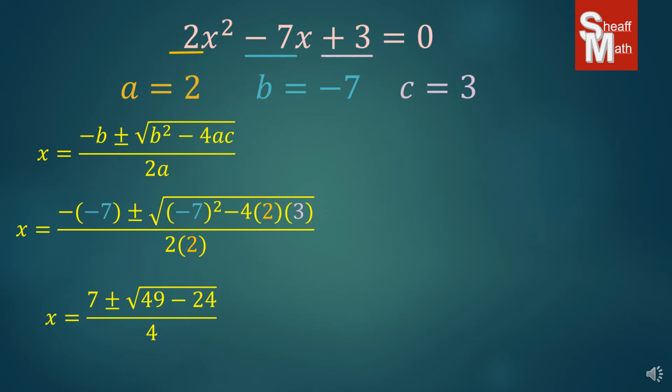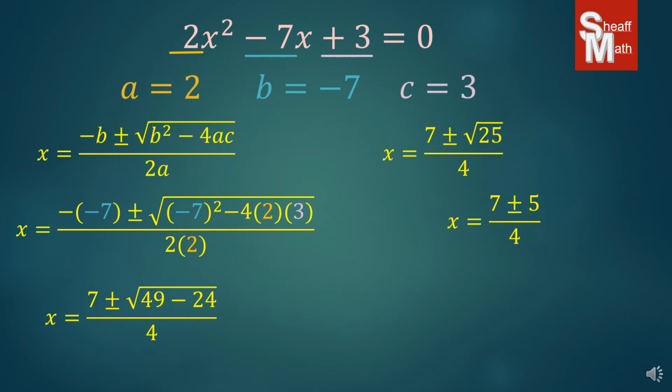You don't want to end up with a -49 there. It's going to be +49. And so 4 times 2 times 3 is 24. We need to keep simplifying, and we get 25, which is a perfect square, so we're going to get a good answer again. And we get x equals 7 plus or minus 5 divided by 4.